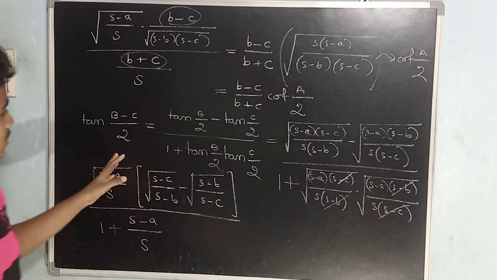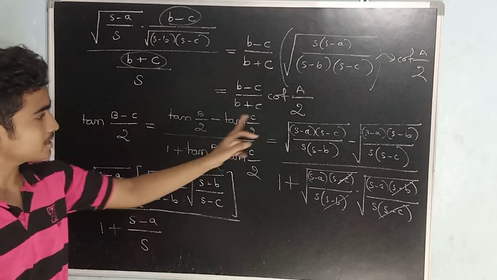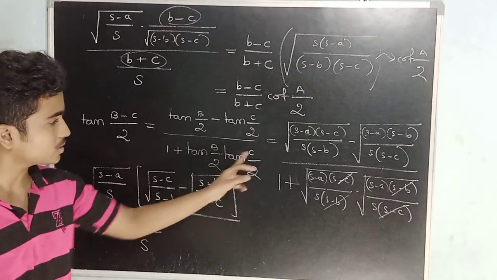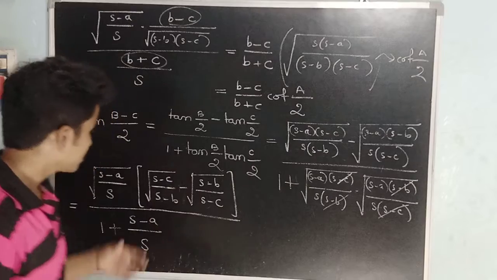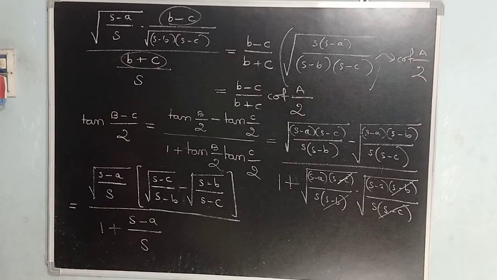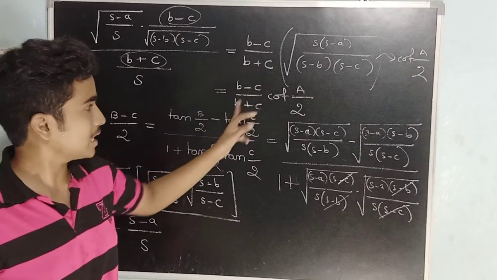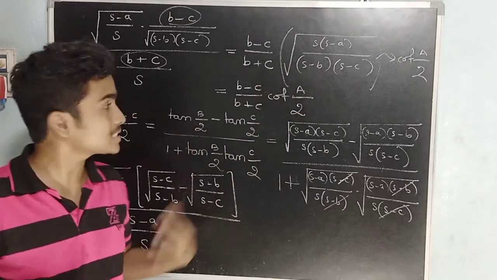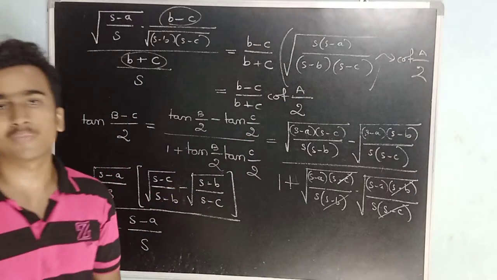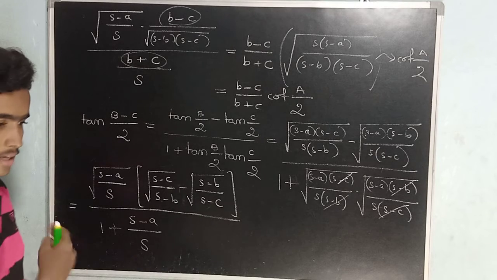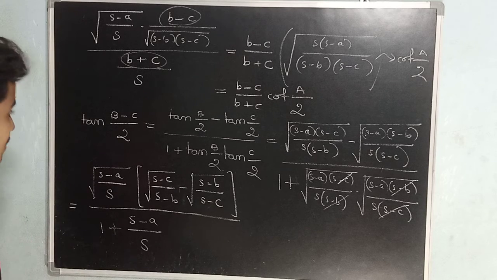You can prove the same. Use tan a minus b by 2, tan a by 2 minus tan b by 2 by 1 plus tan a by 2 tan b by 2. Apply the formula and you will get further simplification. Then you will get a minus b by a plus b into something, which is nothing but cot C by 2. Similarly, we can prove it for a minus c by 2 as well as c minus a by 2.